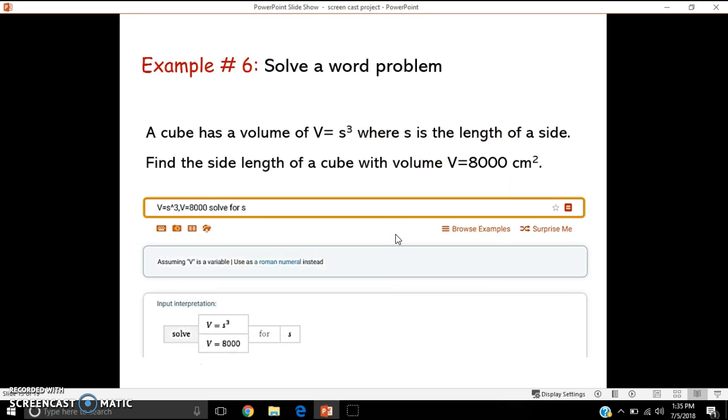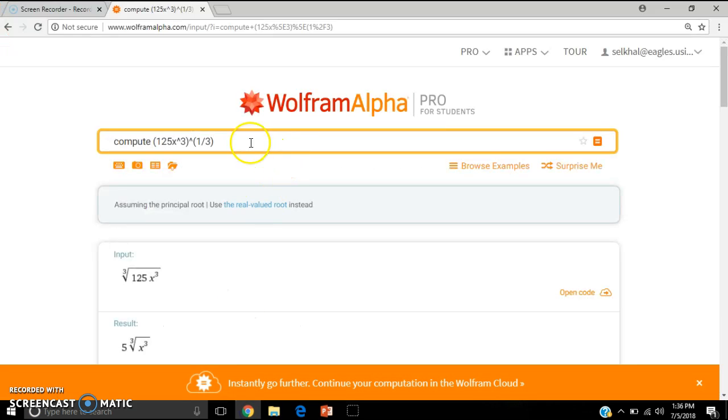Wolfram Alpha is also an interesting tool even for word problems. For example, if we have a cube with a volume V equals S cubed, where S is the length of a side, and we need to find the side length of a cube with a volume equal to 8,000 centimeter square. We just need to type what is given.